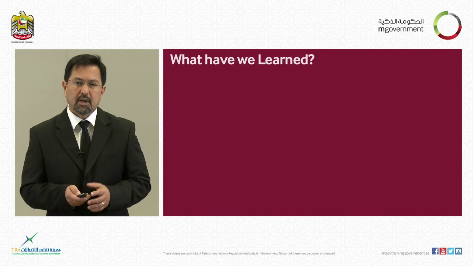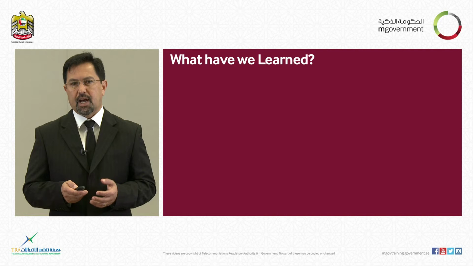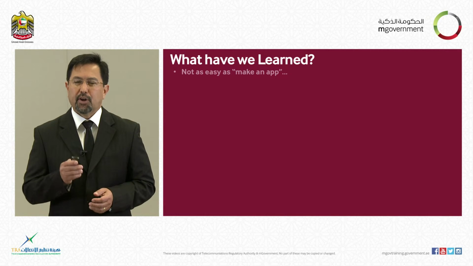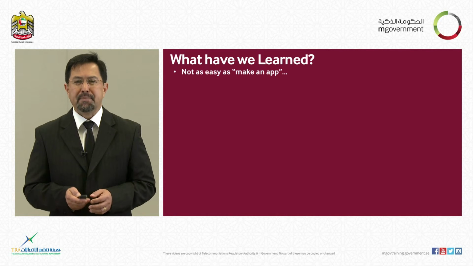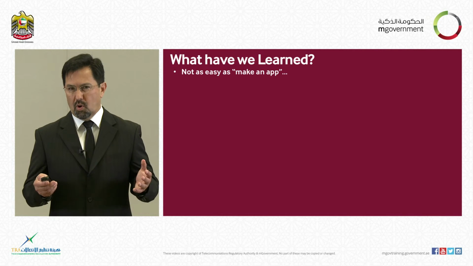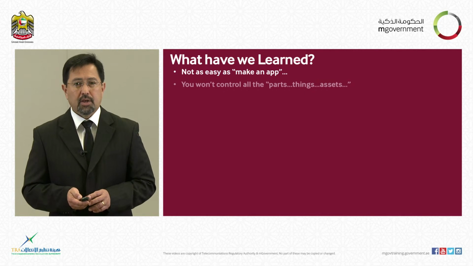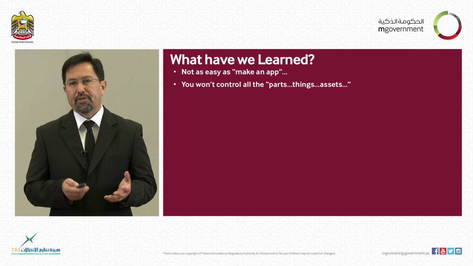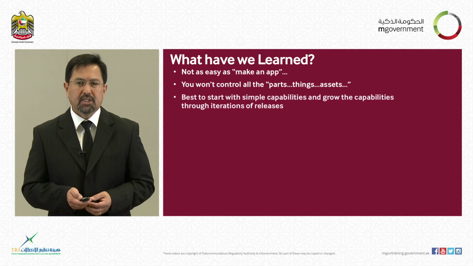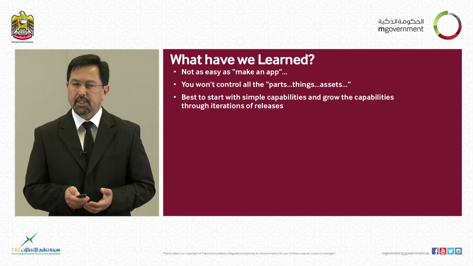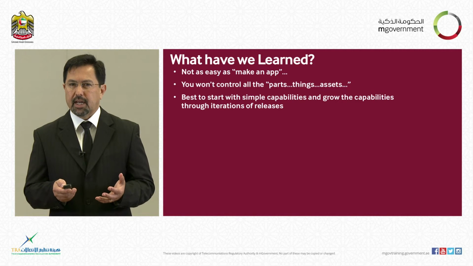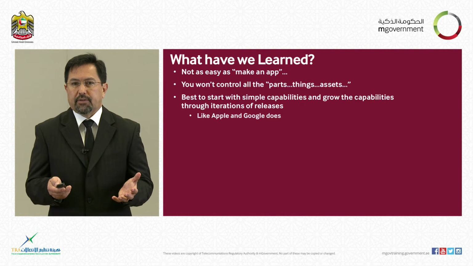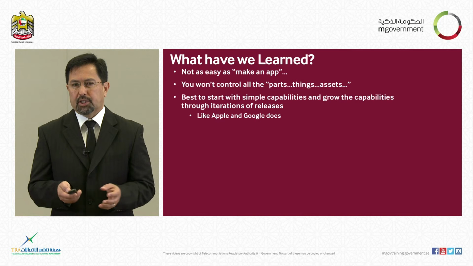So what are the lessons that we want to convey with this kind of an exercise? The first one is that it's not as easy as make an app. There's a lot more that's involved here. You won't control all the parts or the things or the assets. It's best to start with simple applications and grow the capabilities through iterations of releases, like Apple and Google actually do.